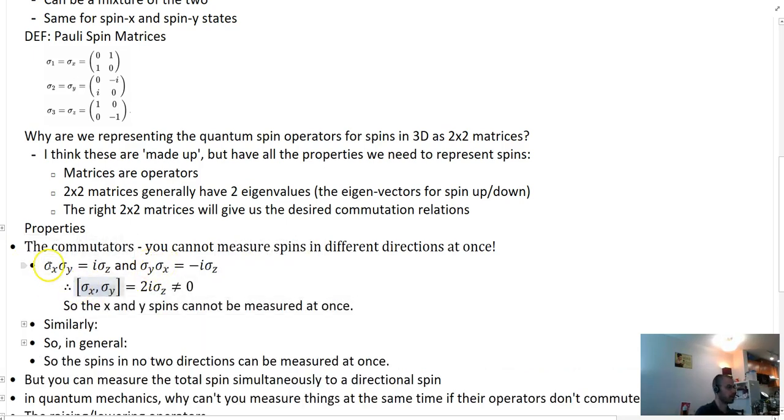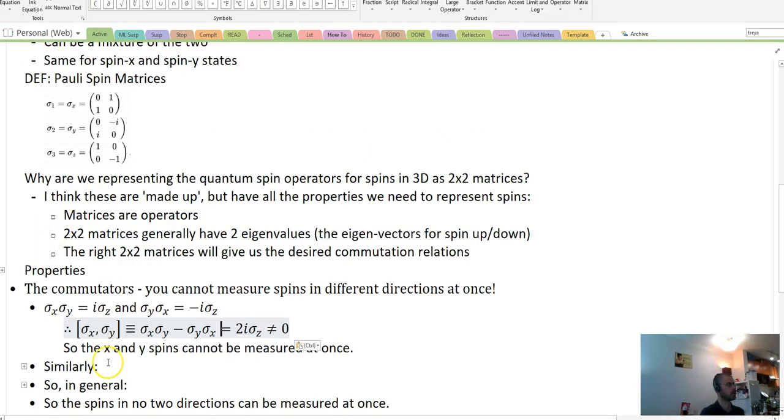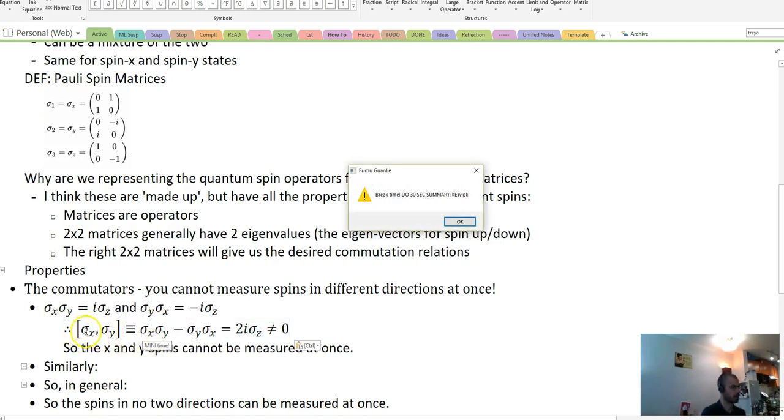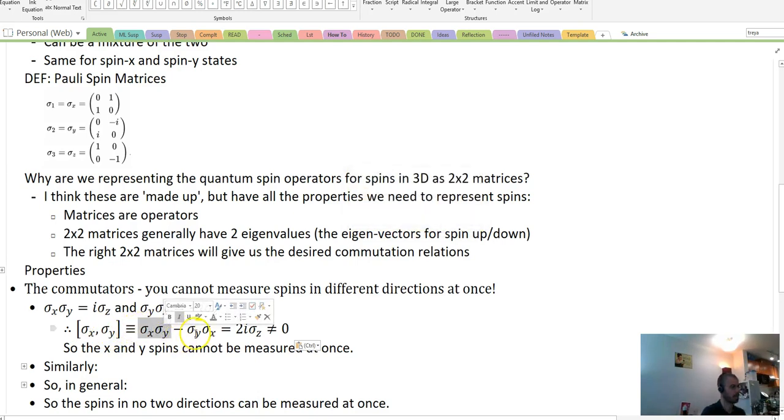So this is the notation for the commutator. The definition of the commutator is we just take the first operator times the second, minus the second times the first, and we see what the difference is.